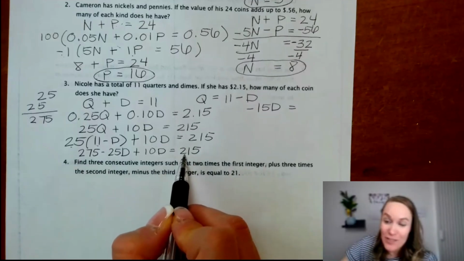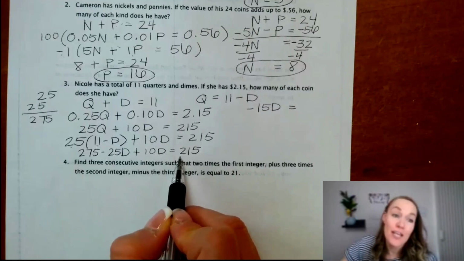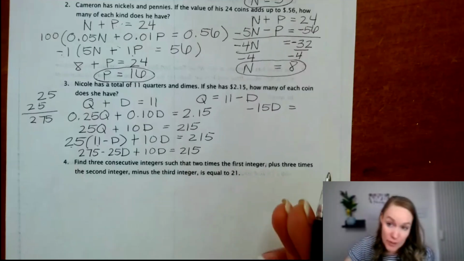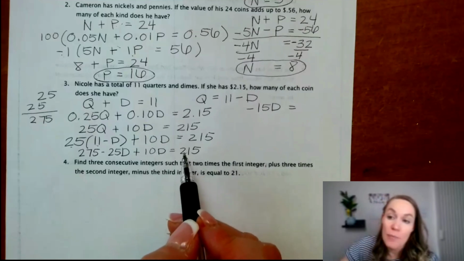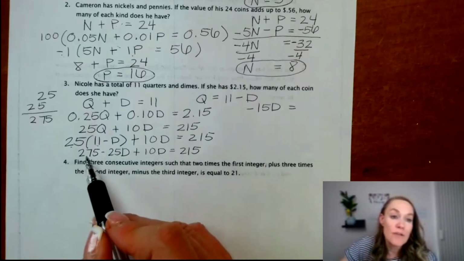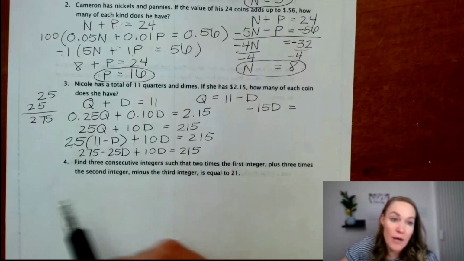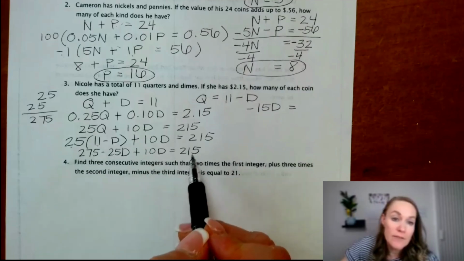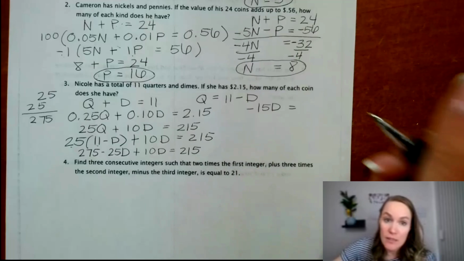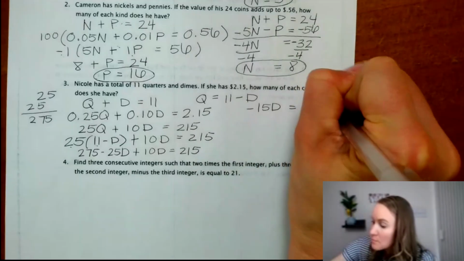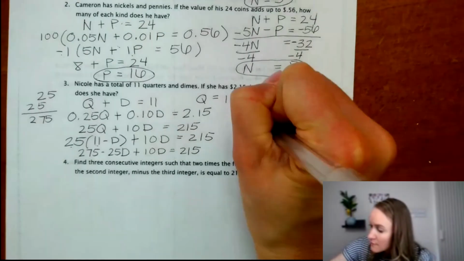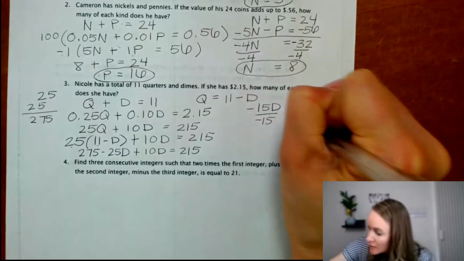So positive 215 minus 275 is what? So we subtract them, right? They're different signs. We subtract them, and the bigger number gets the sign. So 275, so the 200s go out, right? 75 minus 15 is 60. So negative 60. And then I divide by negative 15.